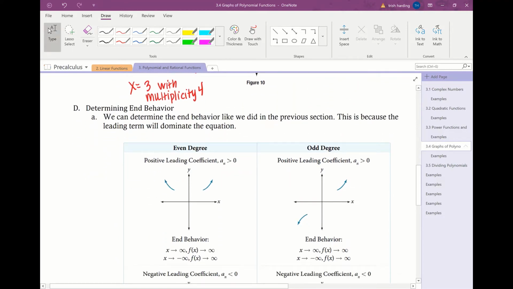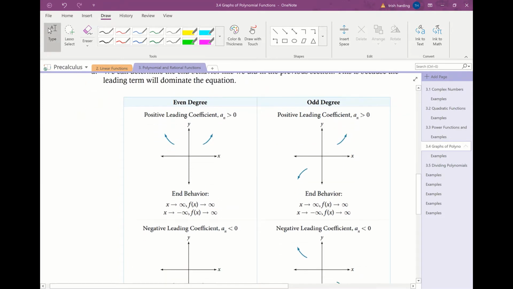So end behavior. We can determine end behavior just like we did in the previous section. And we can do this with a leading term, because that leading term will absolutely dominate everything. So we're talking about that first term, a_n x^n, the leading term. When we're talking about even degrees, that's x squared, x to the 4th, x to the 6th, x to the 8th, anything even.